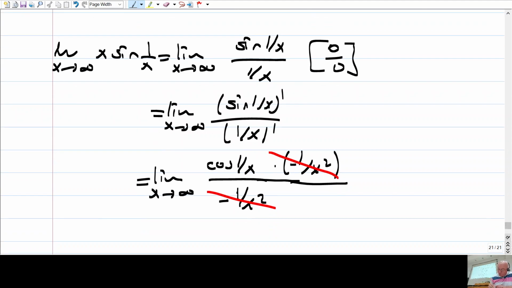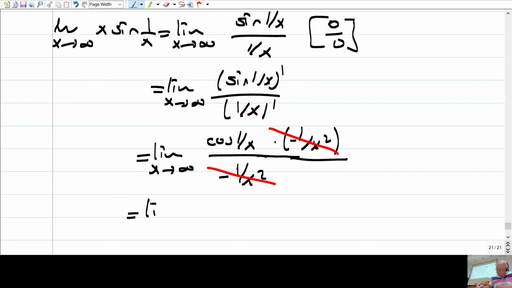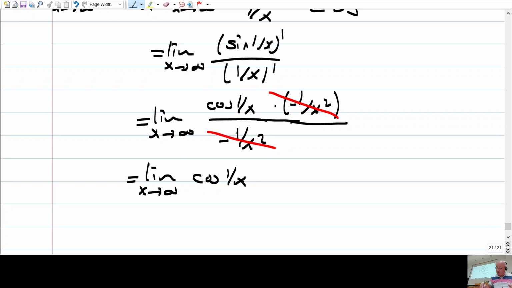So this is just cosine 1 over x. As x goes to infinity, 1 over x goes to 0. And cosine is a continuous function. If the argument inside cosine goes to 0, cosine of that argument will go to cosine 0. So this limit is just cosine 0, which is 1.